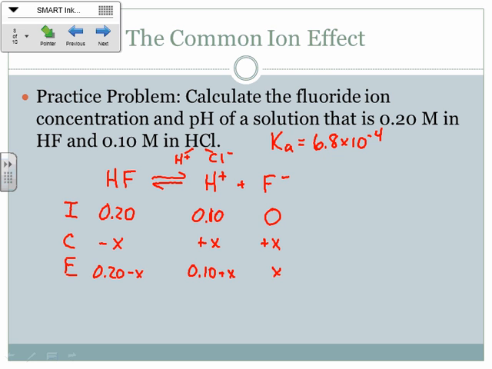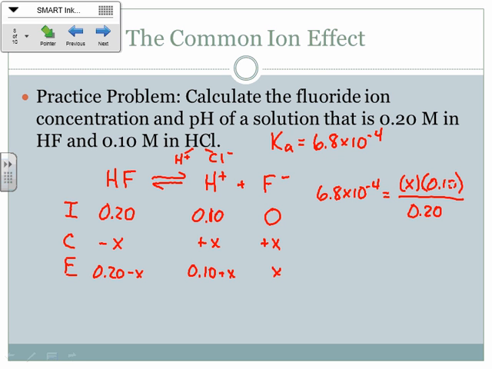Okay, so then we just plug that all in. 6.8 times 10 to the negative fourth is equal to x times, and again I'm making my simplifying assumption here, 0.10 divided by 0.20.